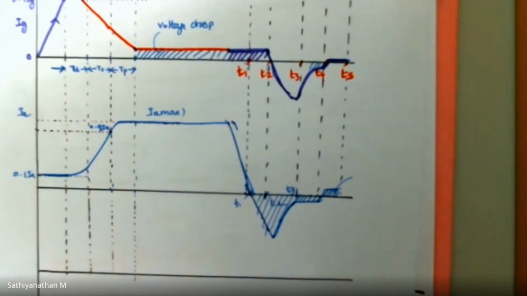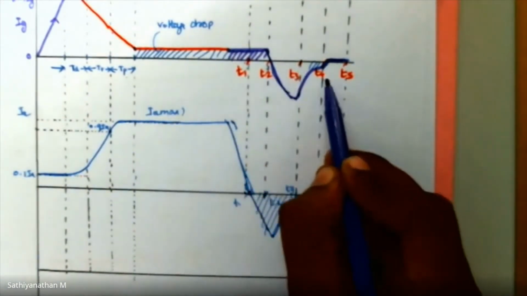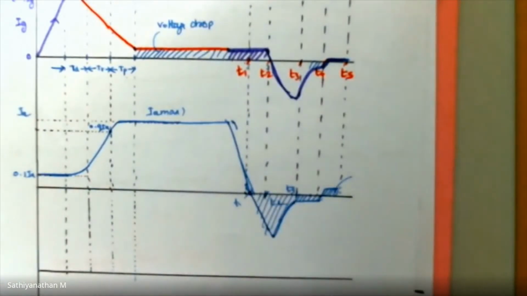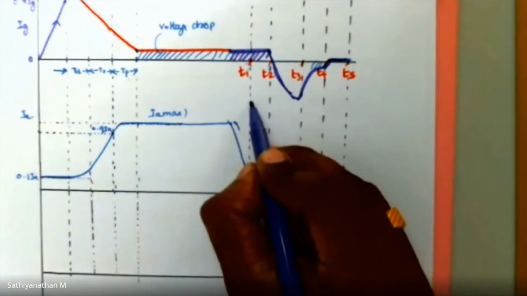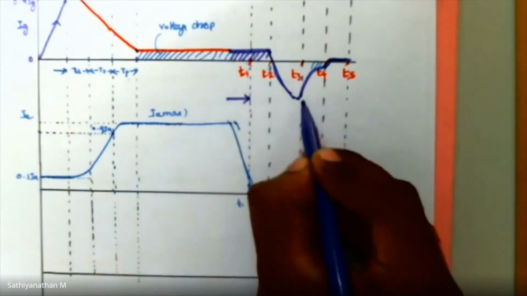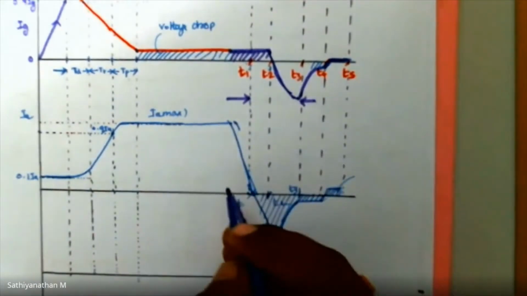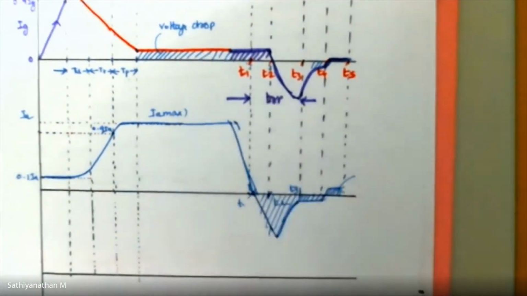So we can classify this entire time interval, that is T1 to T2, T2 to T3, T4 and T5, into 3 different categories. One is from T1 to T3. This T1 to T3 is called reverse recovery time.